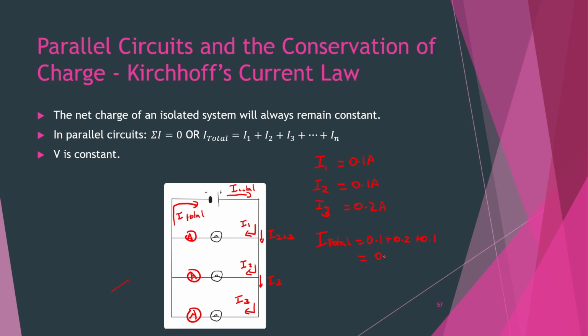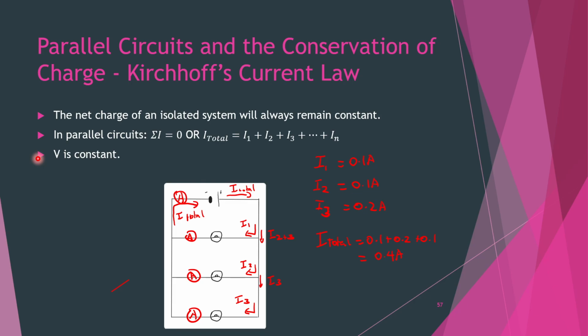This would make 0.4 amps. And if Kirchhoff's current law is being upheld, if we were to place an ammeter at the end of the circuit, we should be able to see that the total current should amount to 0.4 amps as well. In these scenarios where we are working with parallel circuits, it's also really important to assume that voltage is constant.